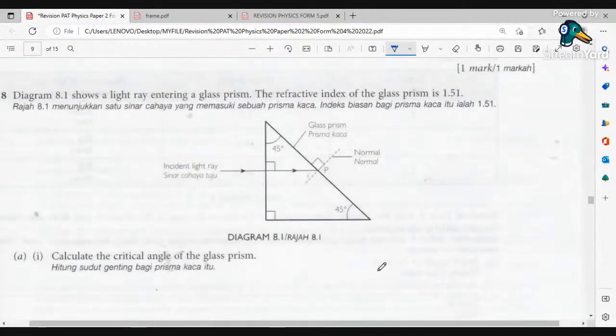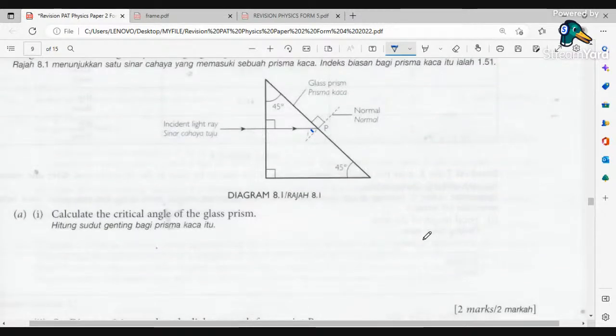Okay, number 8. Diagram 8.1 shows a light ray entering glass prism. Refractive index of glass prism is 1.51. Okay. Ini angle I. Calculate critical angle of the glass prism.